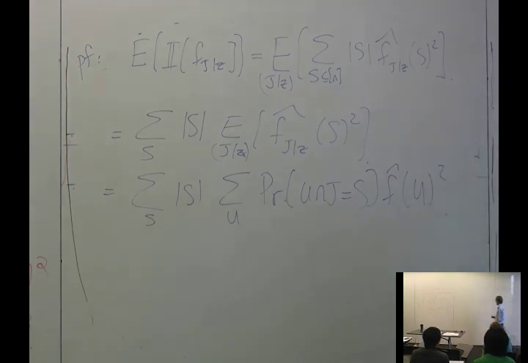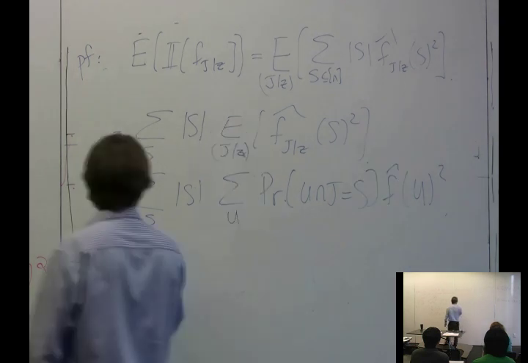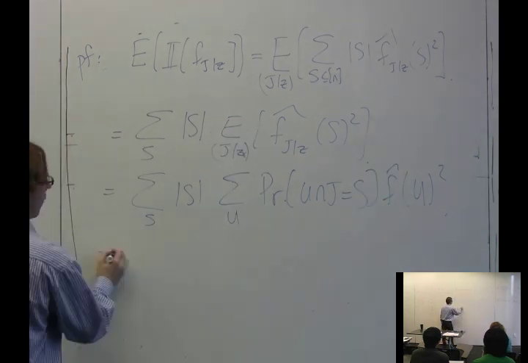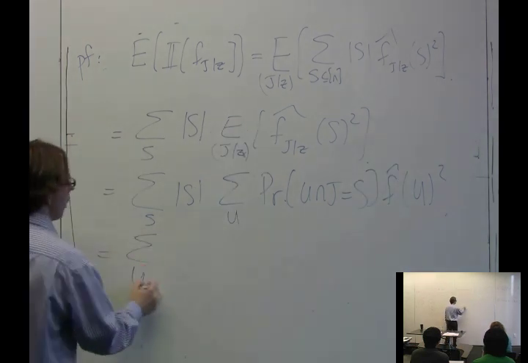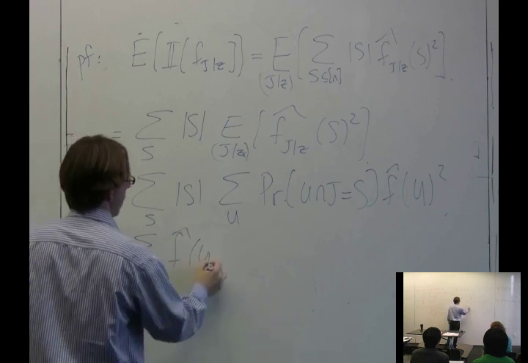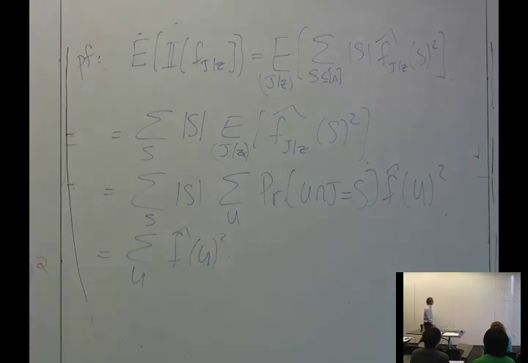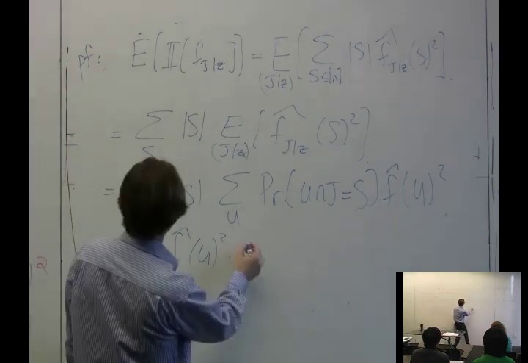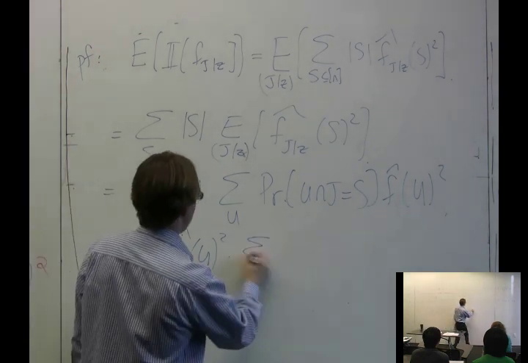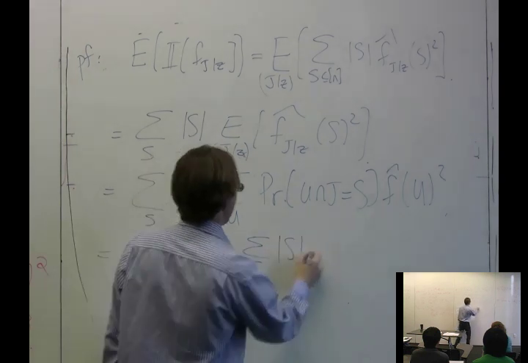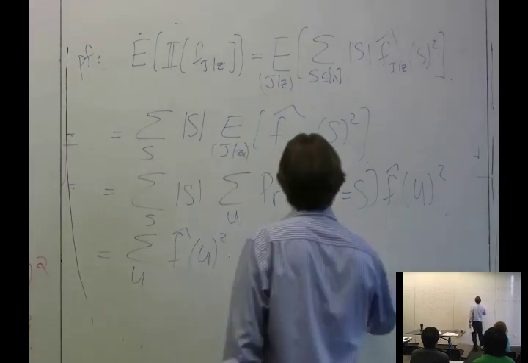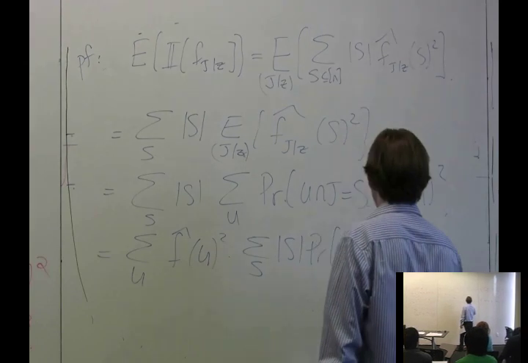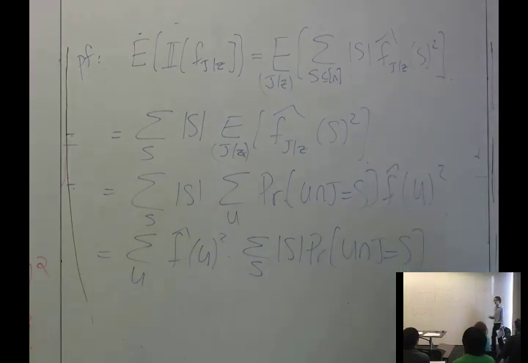Okay, so now I can interchange these. Get the sum over U, F hat U squared, times, this is going a little different from how I had it in my notes. Let's hope it still works. Sum over S, cardinality of S, probability that U intersect J equals S. Okay so far?